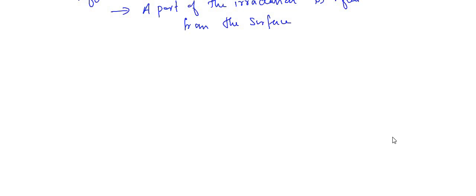The fraction that is transmitted is called the transmissivity, the fraction that is absorbed is called the absorptivity of the medium, and if a small portion is reflected, that fraction is called the reflectivity.